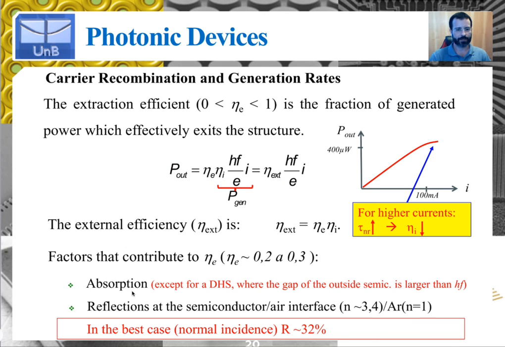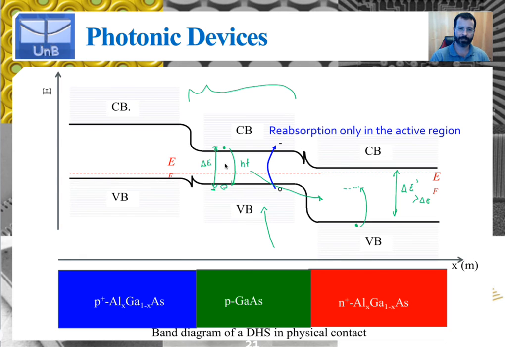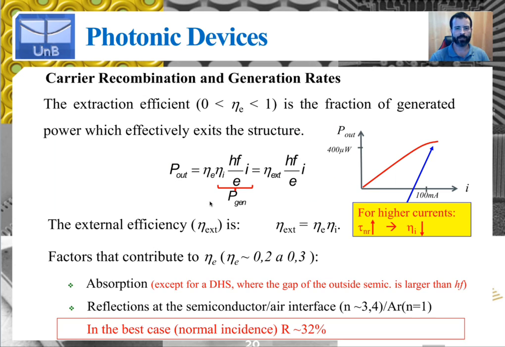So absorption is an issue, and so are reflections at the semiconductor-air interfaces. These different layers will have different refractive indexes, and the device itself has a refractive index, a permittivity epsilon, that is much greater than air or the outside world, and therefore light will be reflected, and some of this light will be lost, aside from Rayleigh scattering and scattering at the interfaces.